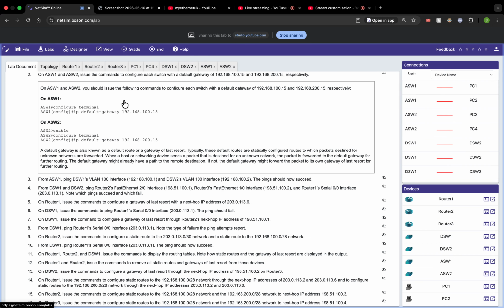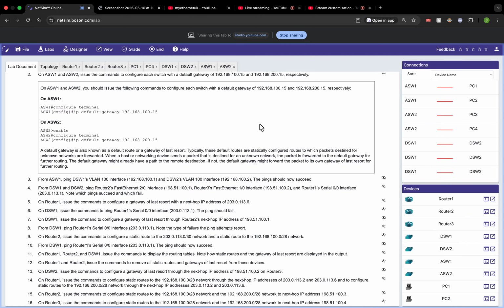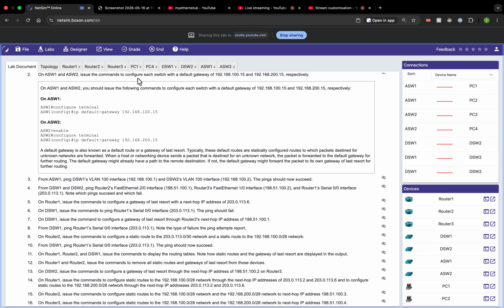Now, on ASW1 and ASW2, issue the commands to configure each switch with the default gateway. So we need to configure the default gateway on both access switches. How are we going to do that? IP default-gateway, in global configuration mode.